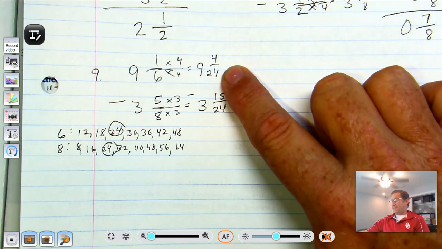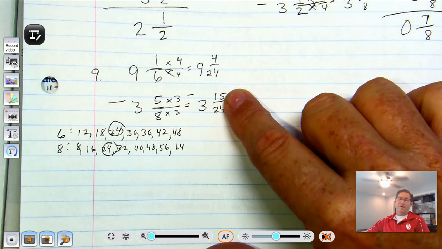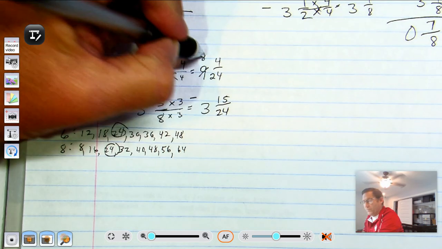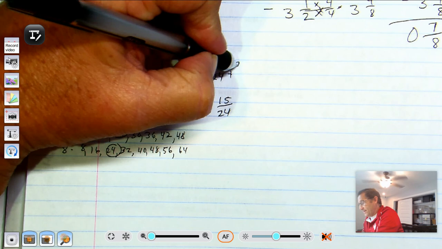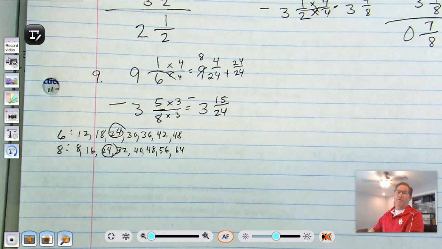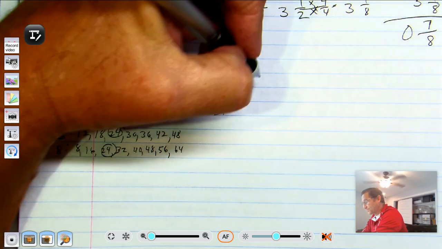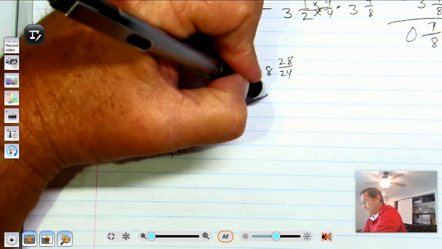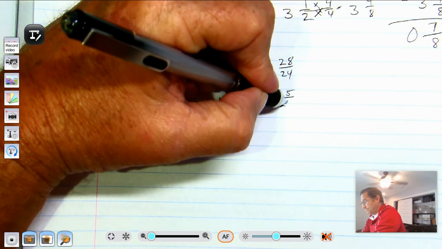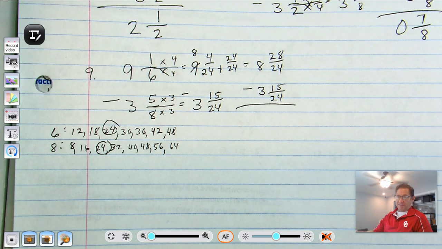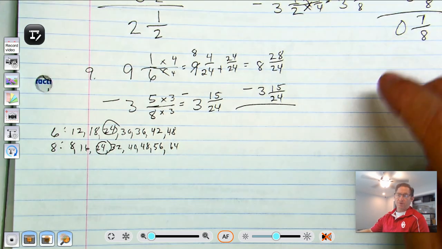Well, I can't take 15/24 from 4/24. So I'm going to rename one of the wholes and replace it as a fraction of 24/24. Okay, so basically, why do we rename the first mixed number?